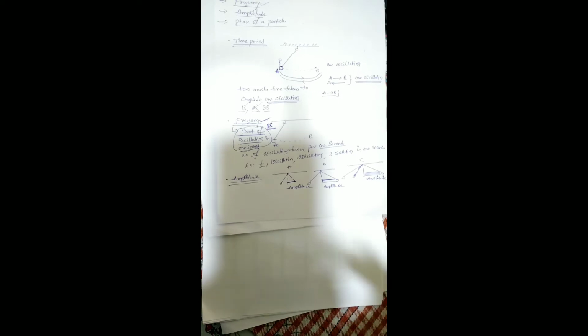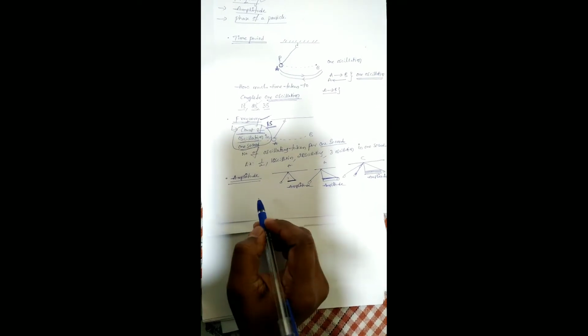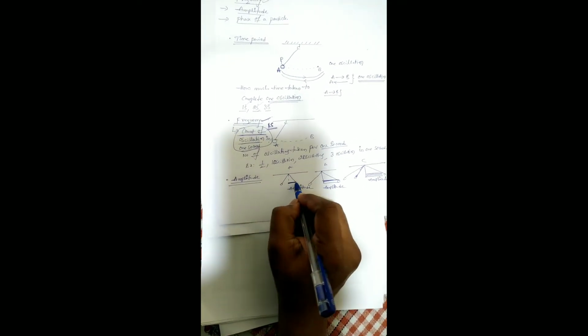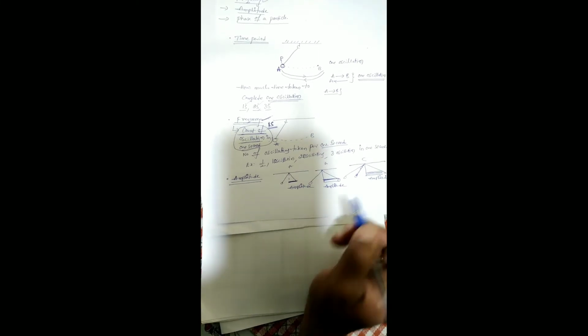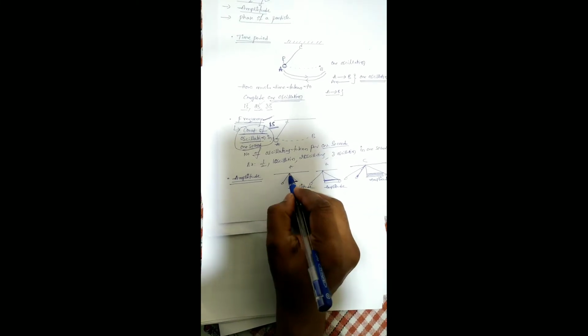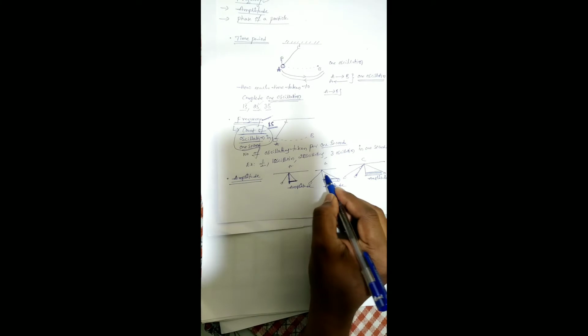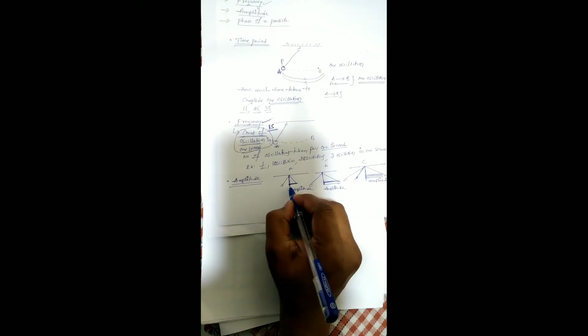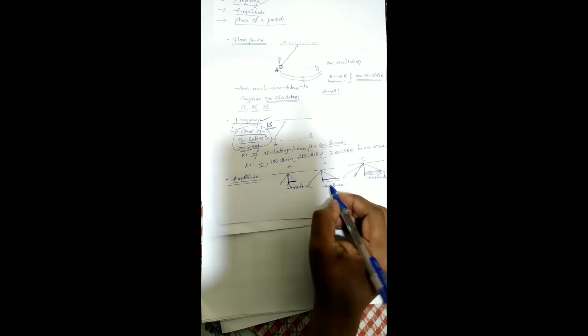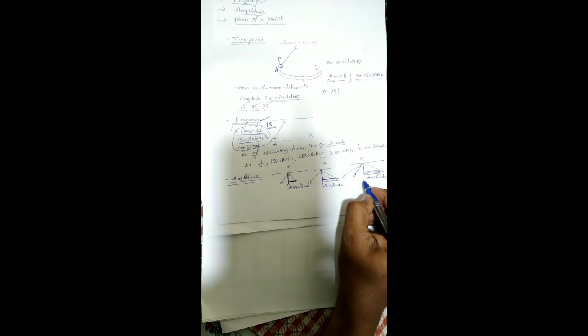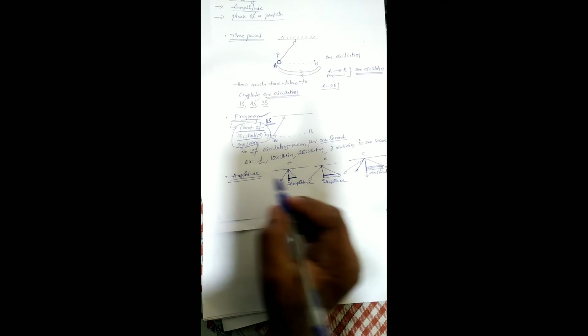It means the maximum displacement of a vibrating body from its mean position. Initially the body is at O point, the mean position.